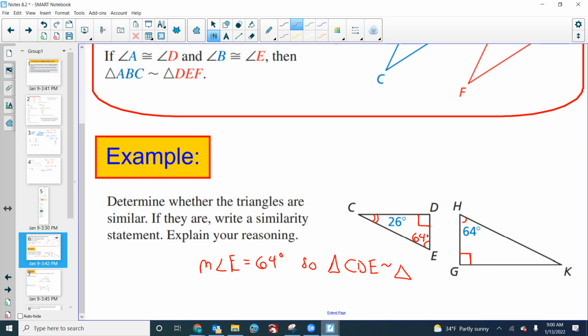What letter do I have to start off with in the bigger triangle? Okay. Then G. Then H. Very good. By which theorem? They're similar by AA, angle-angle.